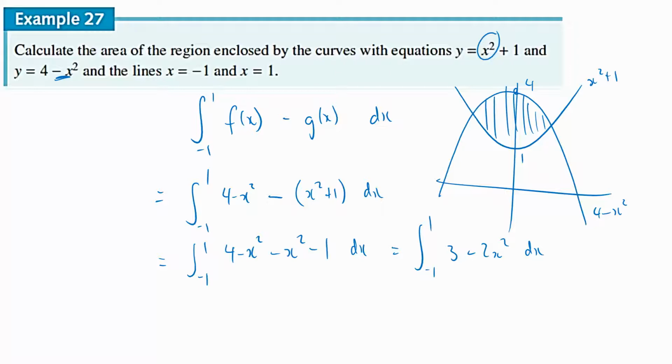Anti-differentiate using 11B, the power function rule, sub in 1, sub in -1, subtract, and voila, you get your area between the two curves. So the hardest part was knowing which one was the upper curve and which one was the lower curve. Cool? All right.